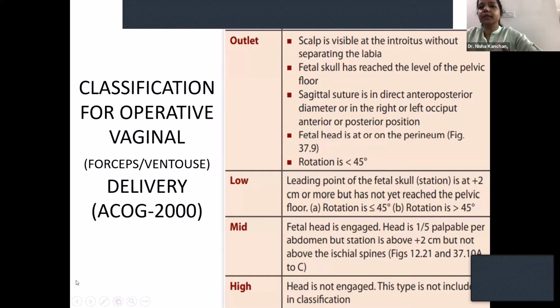When it has gone 2 centimeters below, it is +2. When it is at the perineum and there is crowning, it is +5, which means 5 centimeters below the level of the ischial spine. So that is how you give station from -5, where the head is at the level of the pelvic brim, 5 centimeters above the ischial spine, to +5 at the perineum, 5 centimeters below the ischial spine. So the range is -5 to +5. This is station.